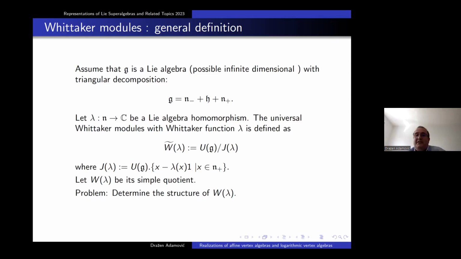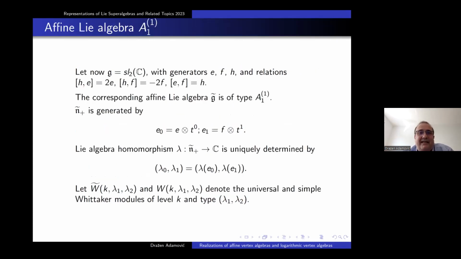So this is now a completely different world, and I will show that this concept of inverse Hamiltonian induction is very useful here. In the SL2 case, this is even simpler.